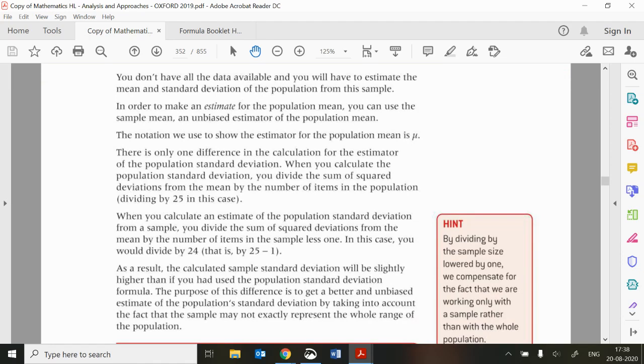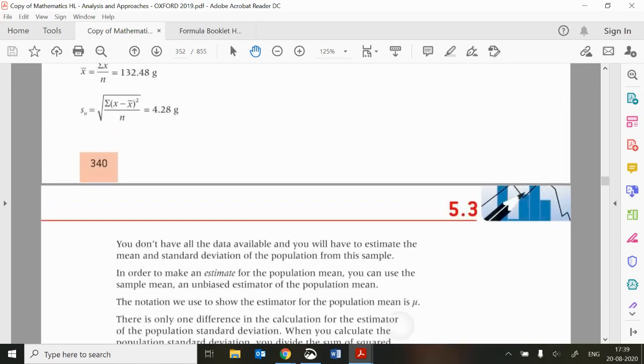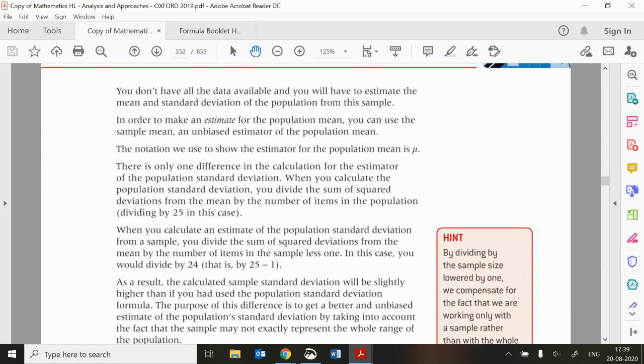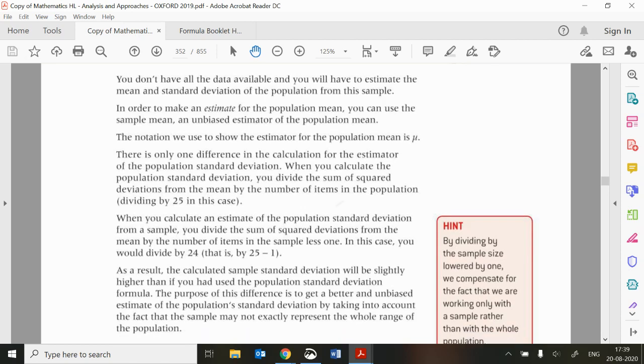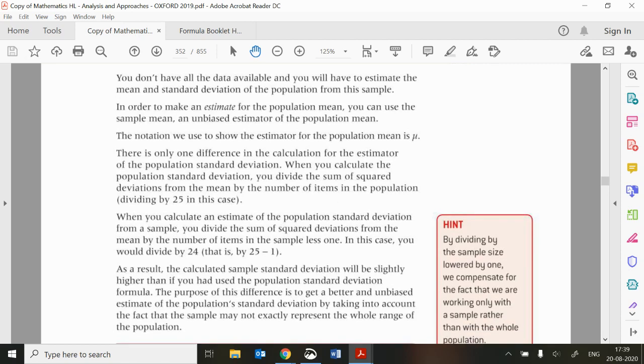It says you don't have all the data available to you, and you'll have to estimate the mean and standard deviation of the population from this sample. In order to make an estimate for the population mean, you can just use the sample mean. It's an unbiased estimator of the population mean.